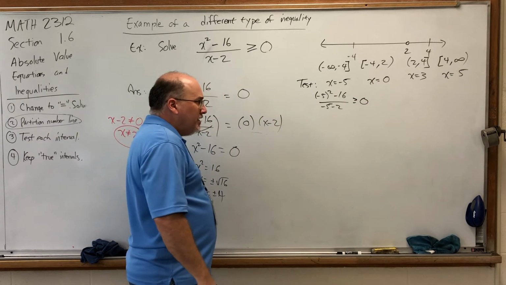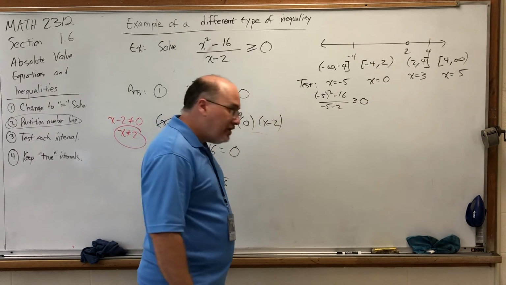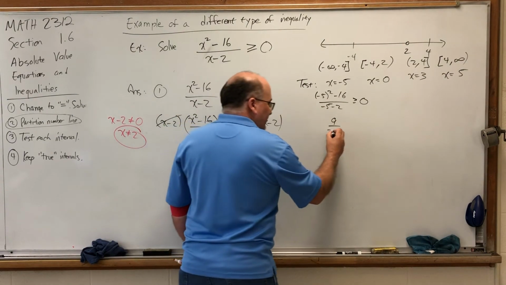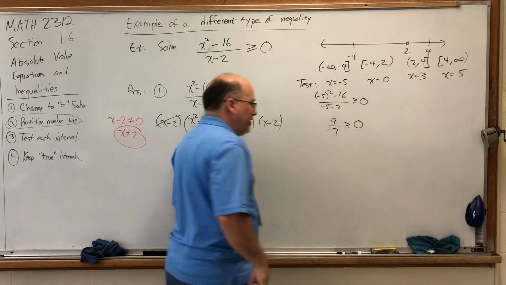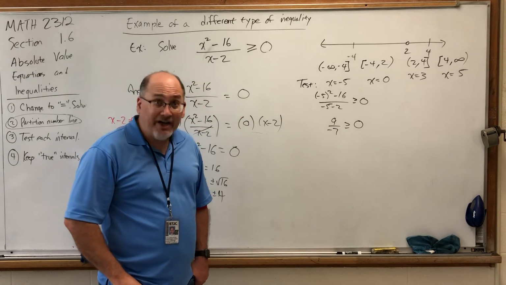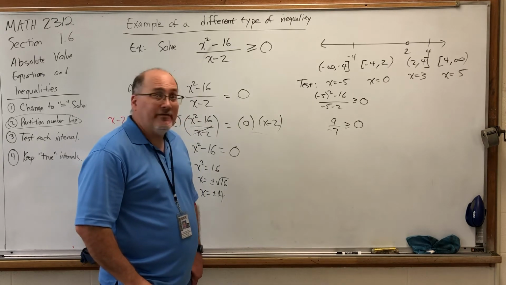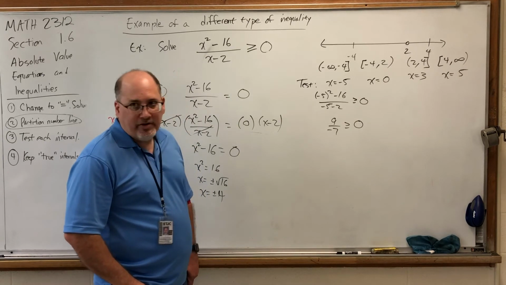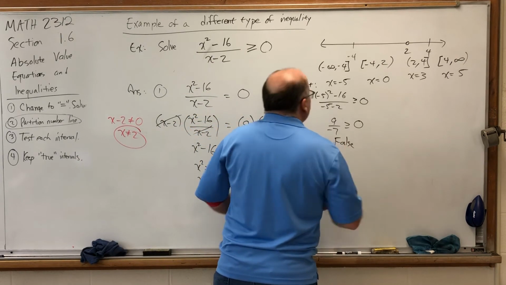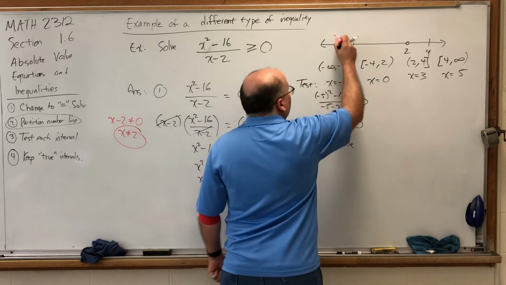Without dilly-dallying, the numerator ends up being 9 because it's 25 minus 16. The denominator ends up being negative 7. We're seeing if 9 over negative 7 is greater than or equal to 0, and the answer is no, it is not. The number on the left is a negative fraction, which can't be greater than or equal to 0. This is false. So we would not include this interval.